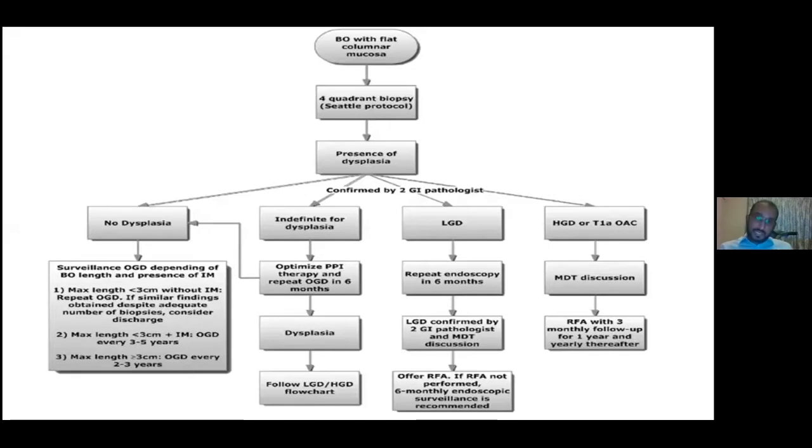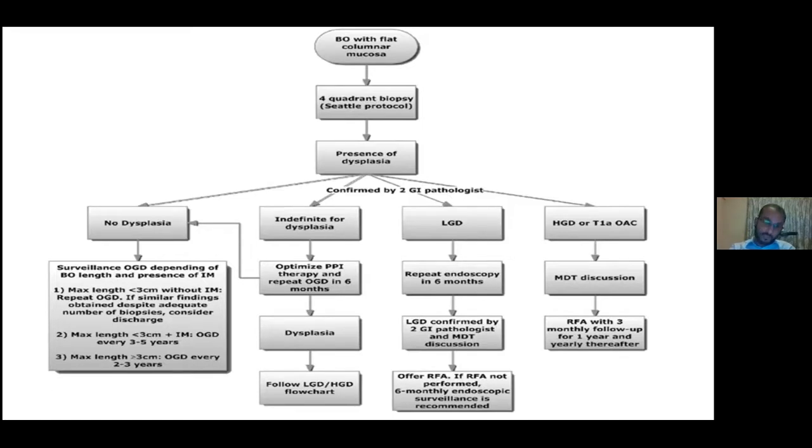Just to summarize what we've been talking about: the four-quadrant biopsy Seattle protocol, presence of dysplasia confirmed by two GI pathologists. If there is no dysplasia, surveillance continues according to the maximum length: less than 3 centimeters without intestinal metaplasia, continue PPI, repeat scope after 6 months.